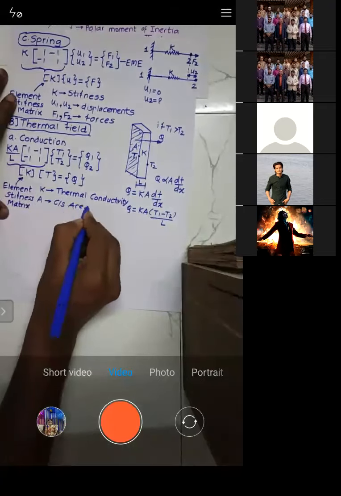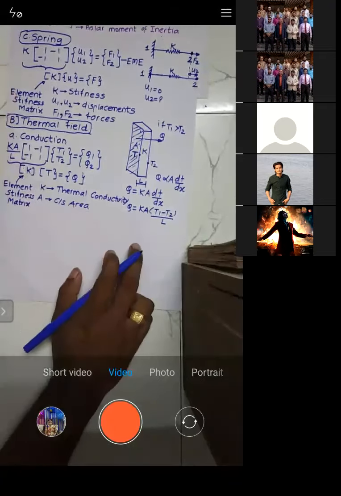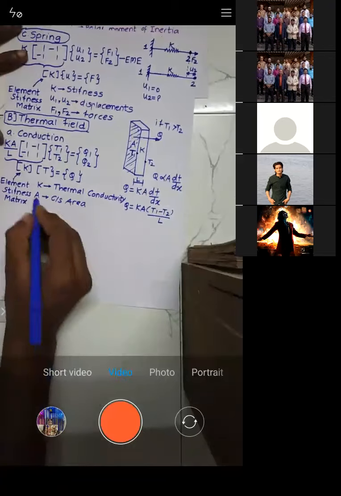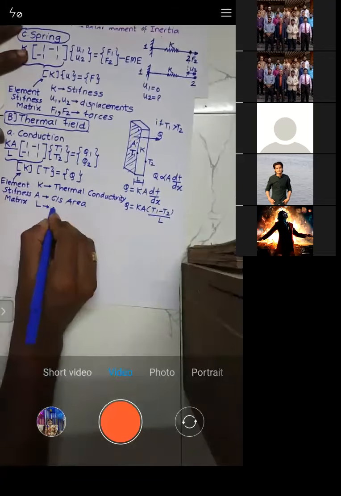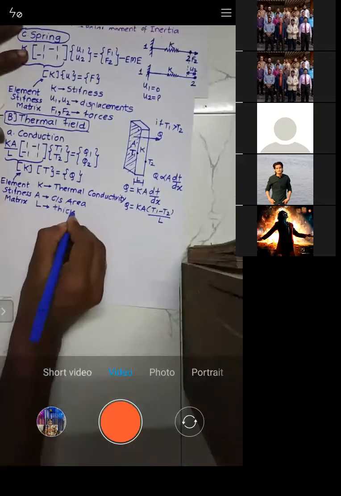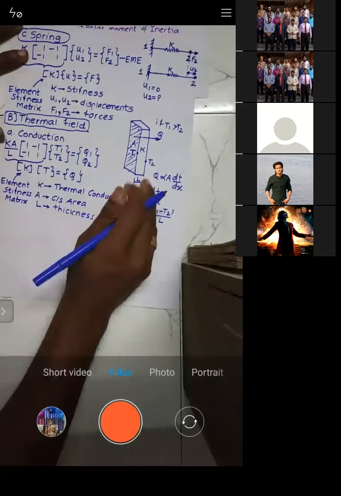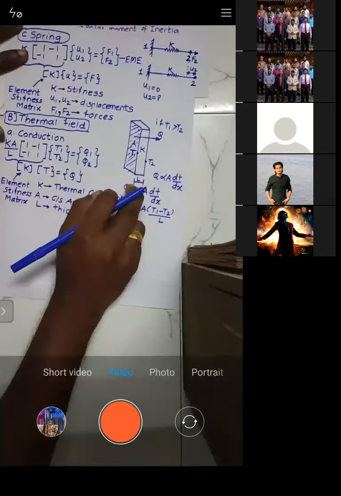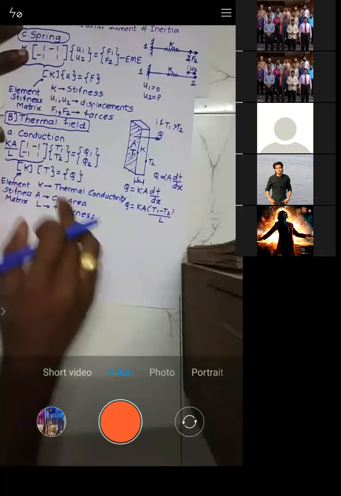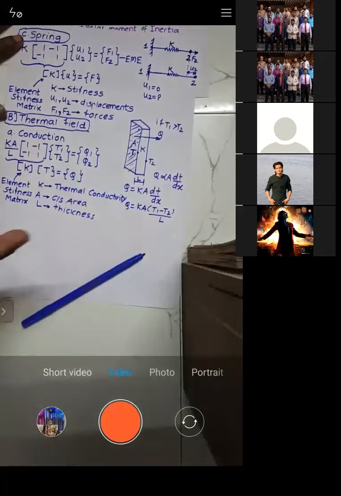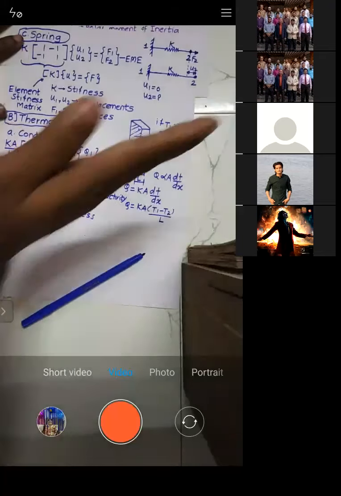Do you remember this word, cross-sectional? This is very important. A is the cross-section area. What is L? It's the thickness. If you want to call this a length, this length has to be parallel to the path of heat; it should move as heat flows.